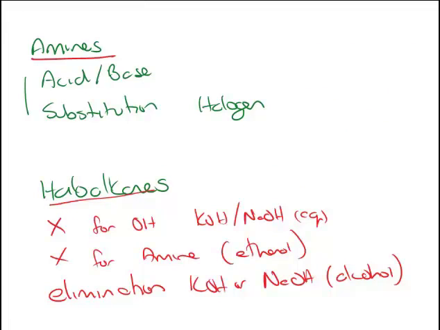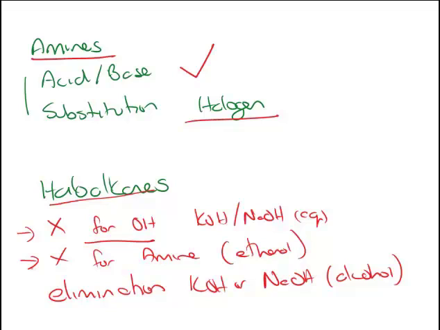Now we consider amine reactions. They undergo acid-base reactions. Substitution, where you can remove a halogen and substitute it with a primary amine, or depending on whatever you've got. Haloalkanes seem to be a little bit more versatile in reaction schemes, where you can create an OH group by substituting X here, which stands for any halogen.